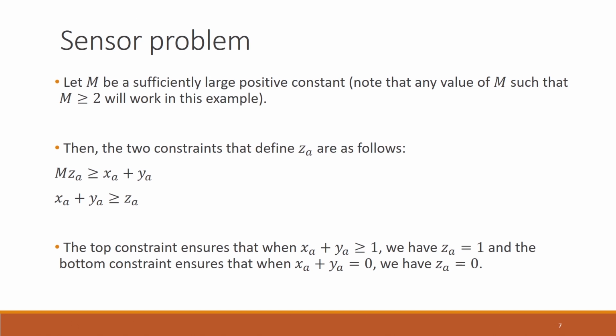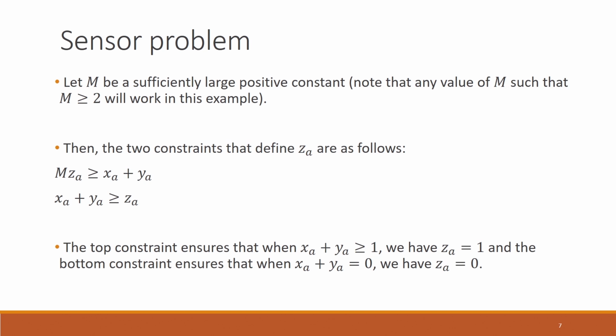And for the bottom constraint, it can be seen that when Xa and Ya are both 0, then Za is restricted to be 0, there is no other choice. Now, there is another thing that needs to be ensured: the top constraint should allow Za to take the value 0 when Xa plus Ya is equal to 0, and that does happen, although the value Za equal to 1 will also be feasible, but we do not need to worry about that, because the bottom constraint ensures that when Xa plus Ya is equal to 0, Za has to be 0.